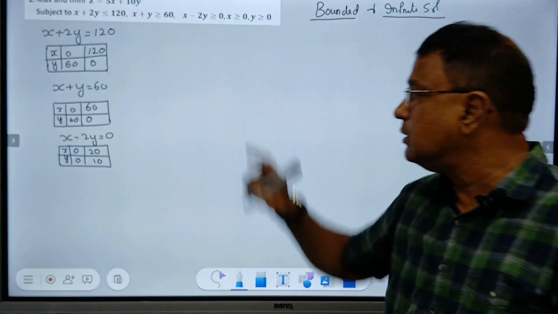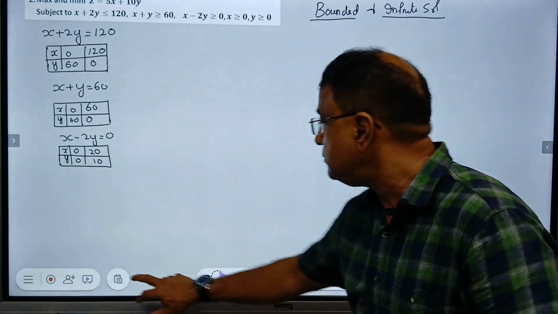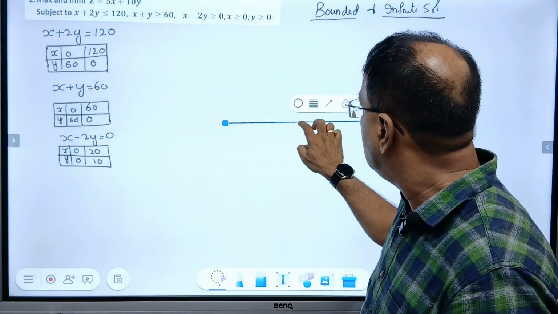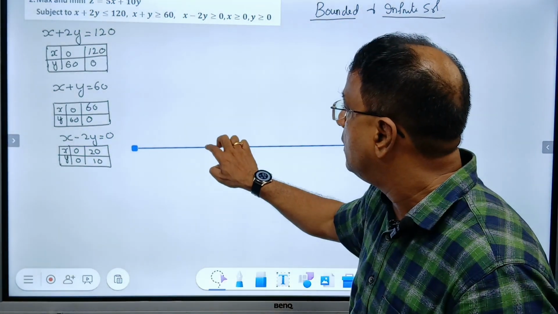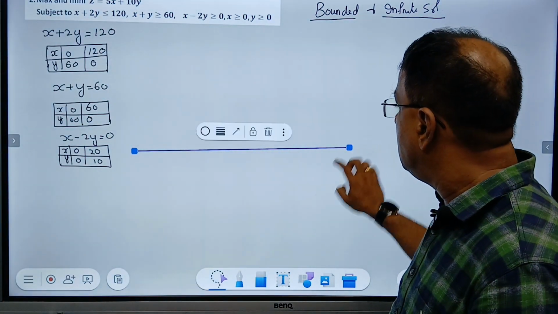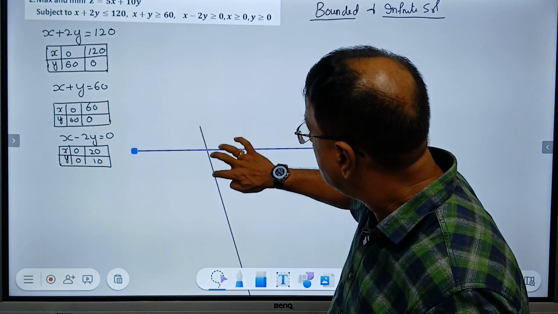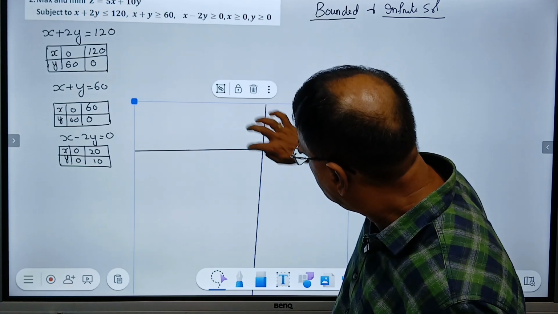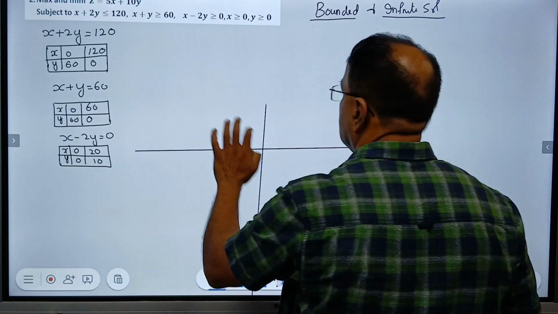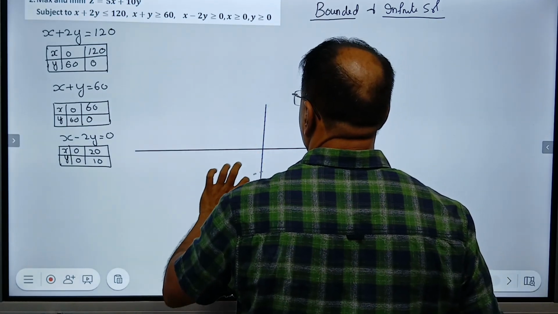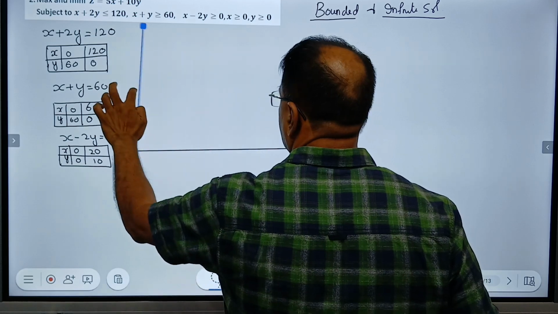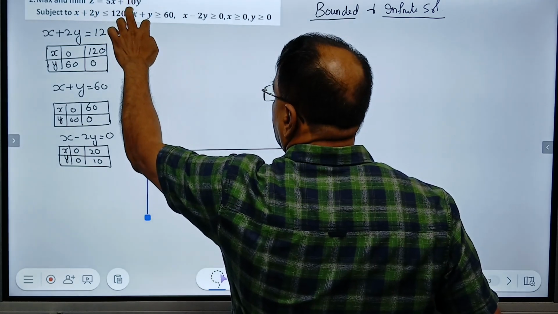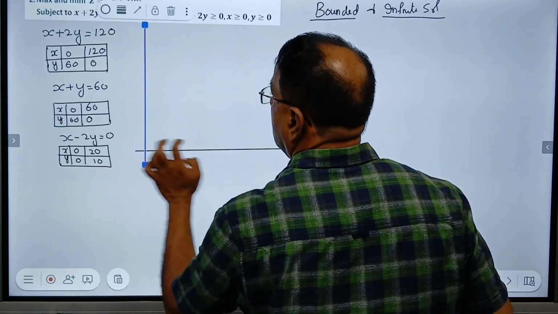Now I am going to plot. How do I plot? Let's take the x-axis and the y-axis. Now what is the maximum value of x?